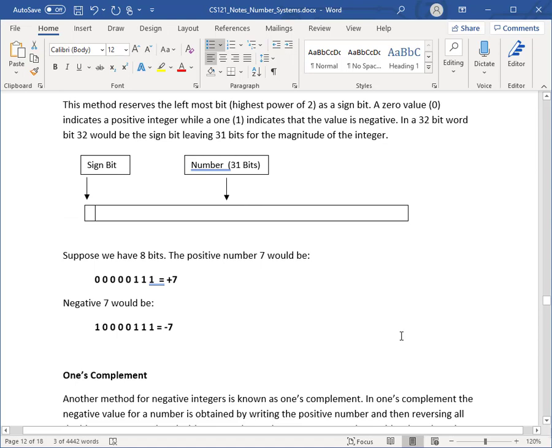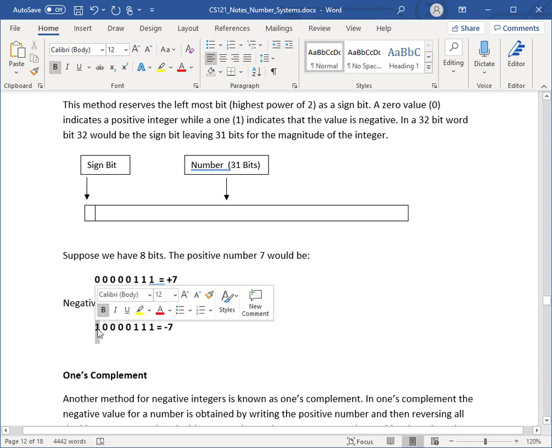Let's look at an example. Let's take an 8-bit value. Here is positive 7: 00000111, which is equivalent to a positive 7 in decimal. If we want negative 7 using sign and magnitude, we designate the leftmost bit as a sign bit and make that 1.